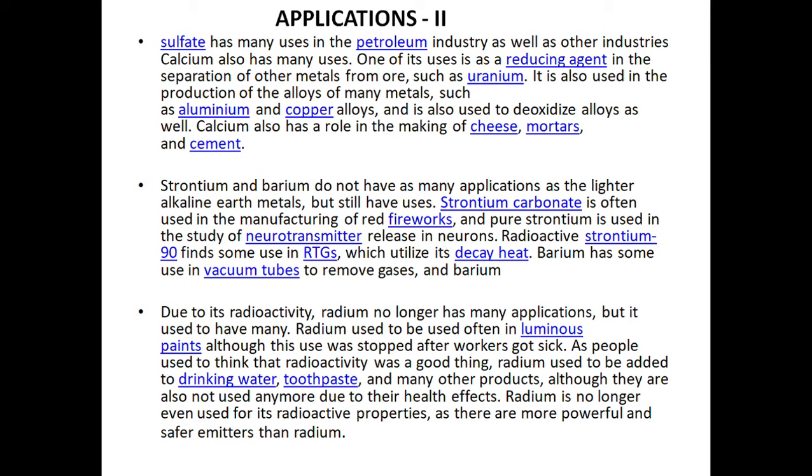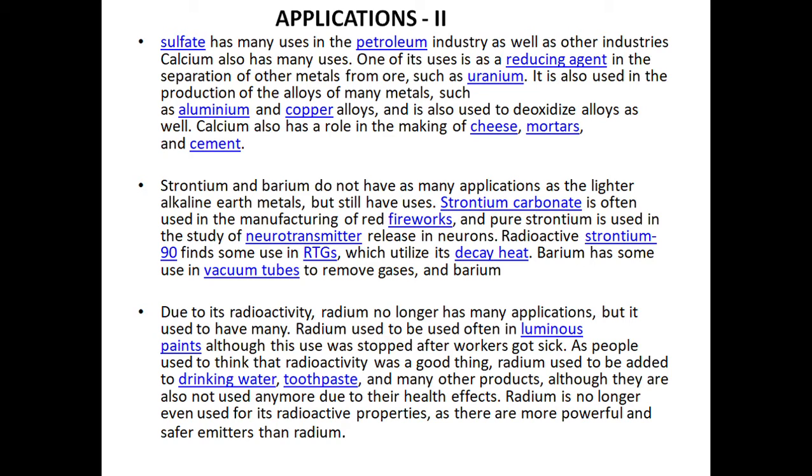Now, some of the other useful applications of these alkaline earth metals: magnesium sulfates have many uses in the petroleum industries as well as in other industries. Then calcium has many uses, like a reducing agent in the separation of other metals from ore, such as uranium.